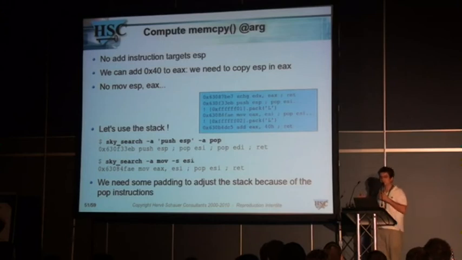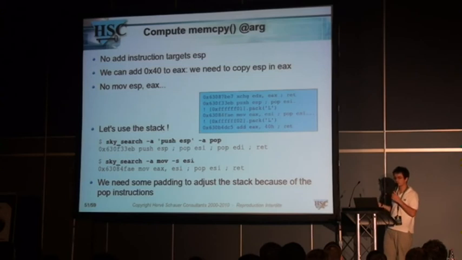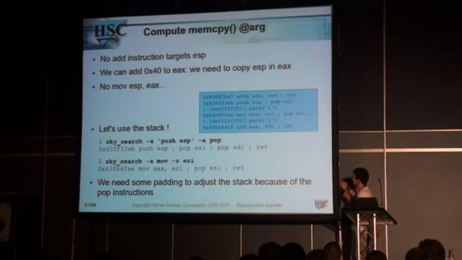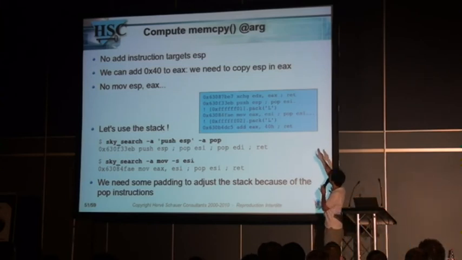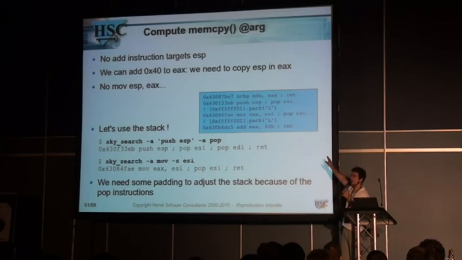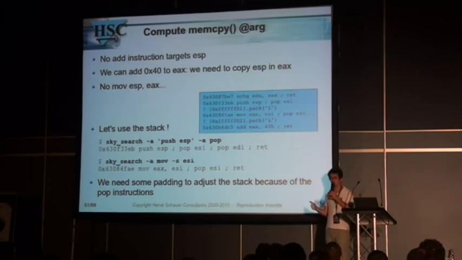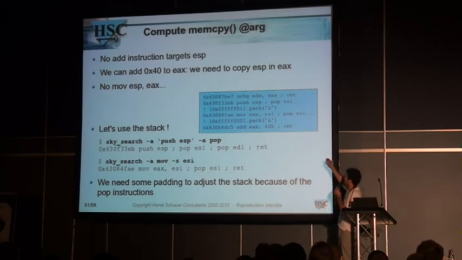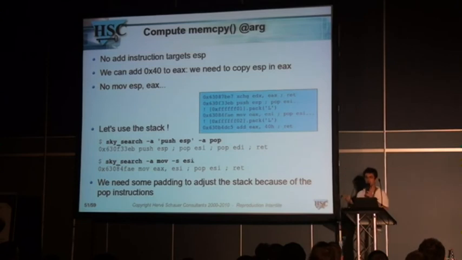Okay, so once we have done that, we can write all of it in our ROP payload. If you recall, at this line, we have a backup of EAX into EDX, and we have in EAX the value of ESP incremented by 40 bytes.